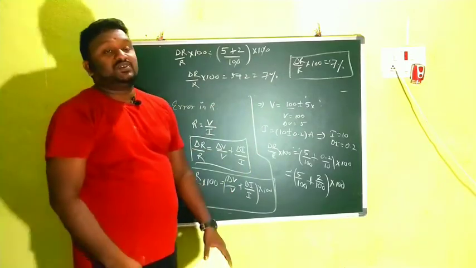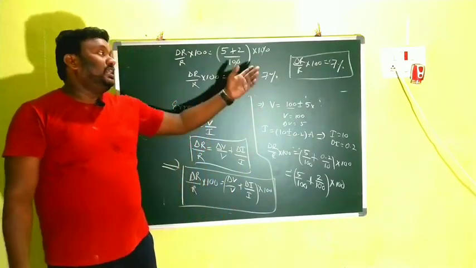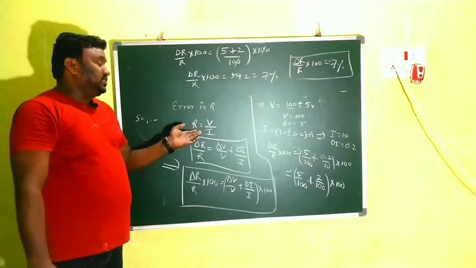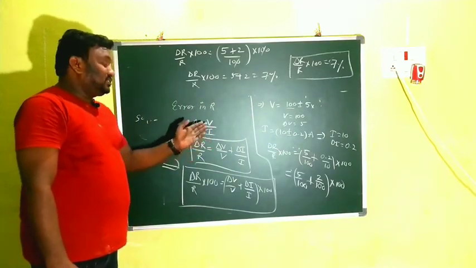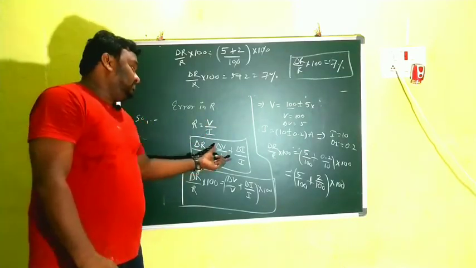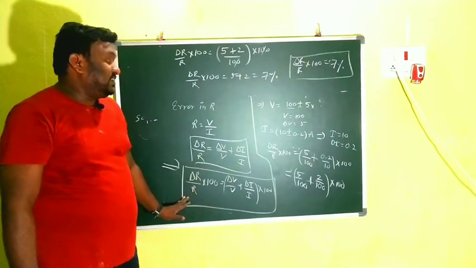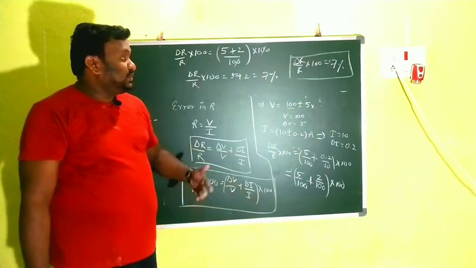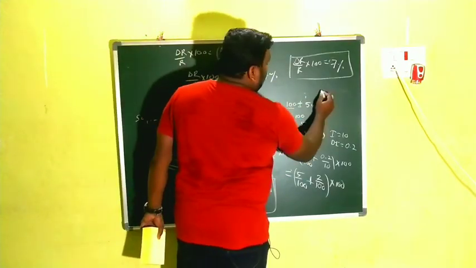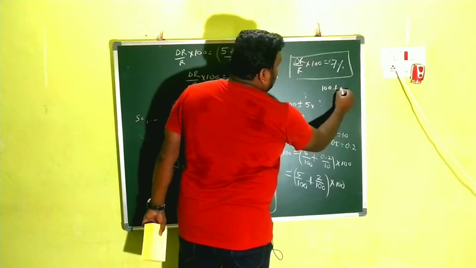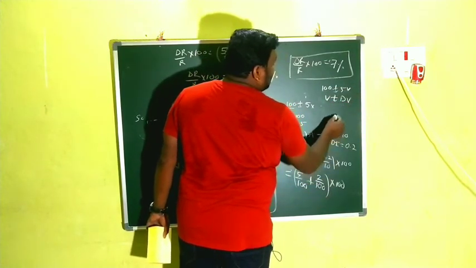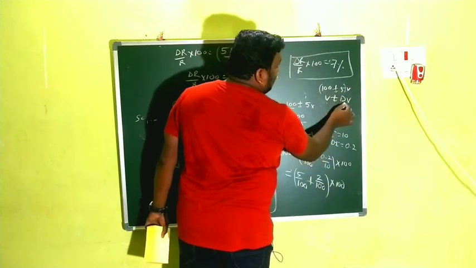So in this way we will find out the relative error of the result, children. Very simple. Given that R is equal to V by I, delta R by R is equal to, we are just applying the formula rule only, the rule we discussed. Then for the percentage of error we multiply by 100. In the given values we observe 100 plus or minus 5 volt, and we compare it like V plus or minus delta V. So V value is 100, delta V value is 5.